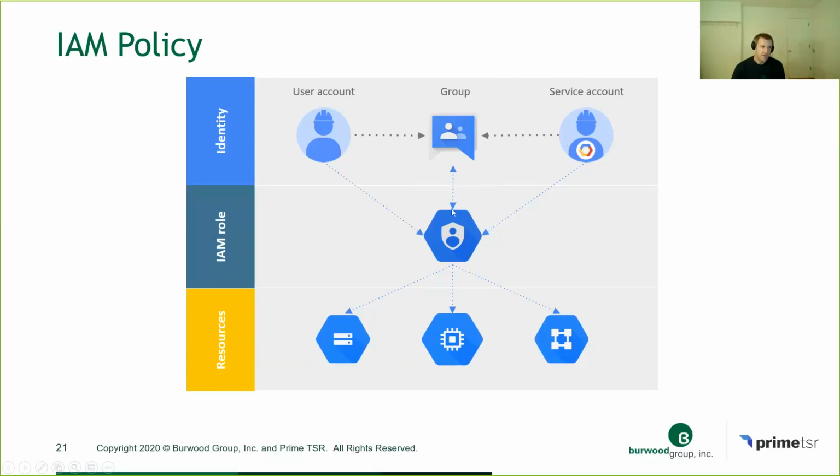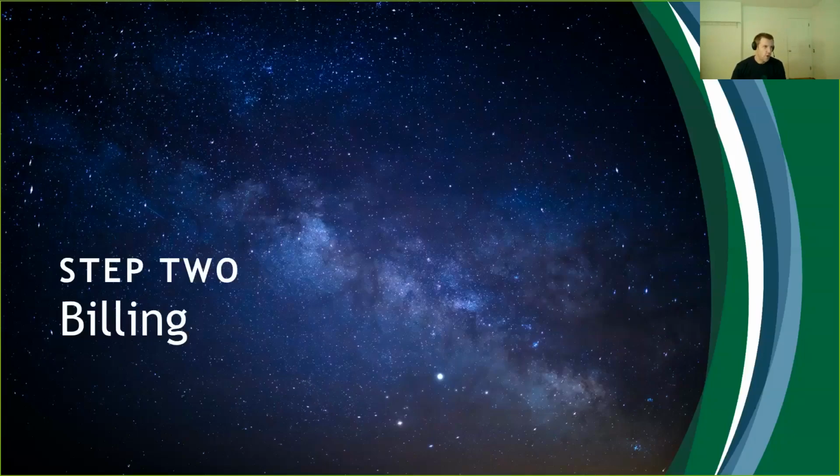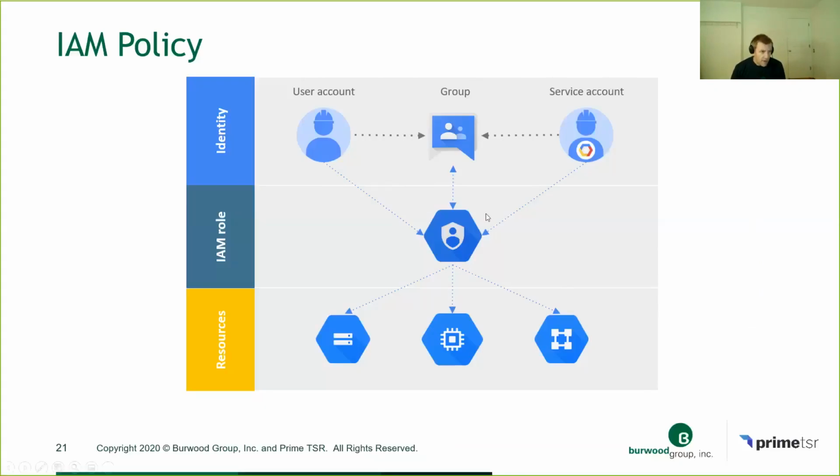Users and service accounts can belong to a group and pick up their roles from the group membership, which is obviously a best practice, much easier to manage with groups. We'll talk more a little bit later on about best practices around roles and creating custom roles as well.